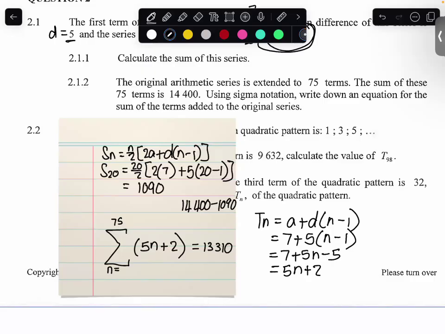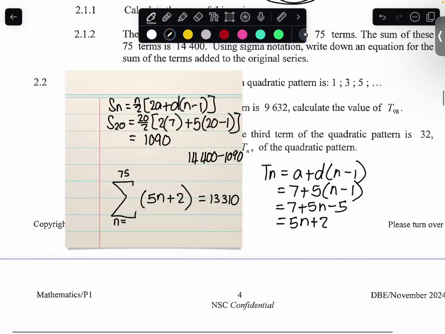What do I put for n, so that I'm talking about the remaining 55 terms, i.e. the 75 terms minus the original first 20 terms? This is what we do. Remember, normally in sigma notation, to calculate the number of terms in the series, you say top of the sigma sign minus bottom plus 1.